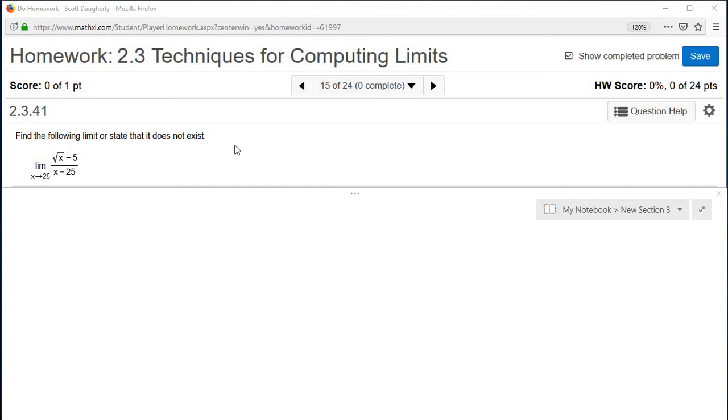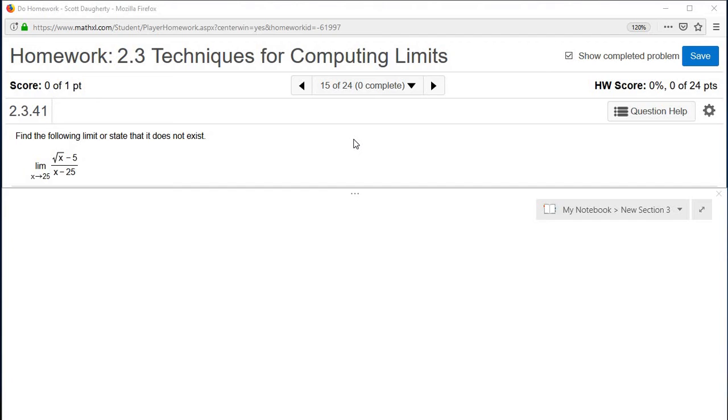Now, if this is just a function and I evaluate it at 25, right, I plug 25 into it, then the output would be 0 divided by 0, which is undefined because you can't divide by 0. So f of 25, f evaluated at 25, is undefined. There's no output for 25.